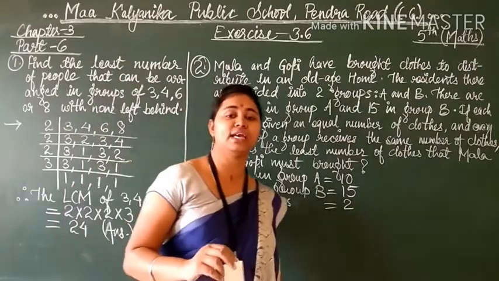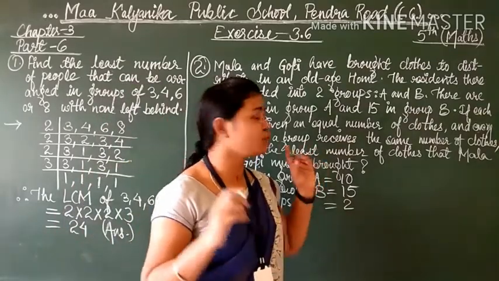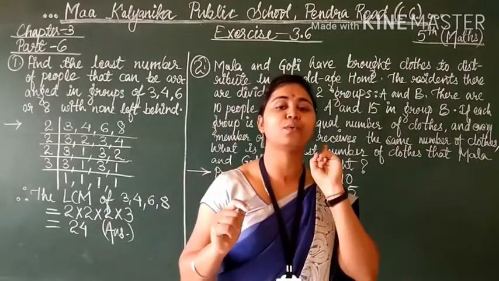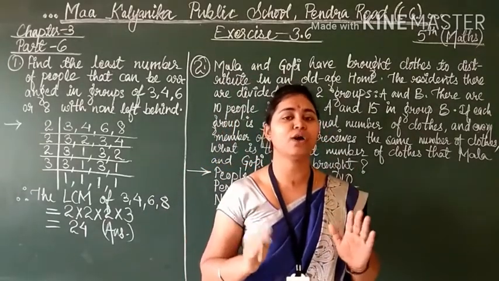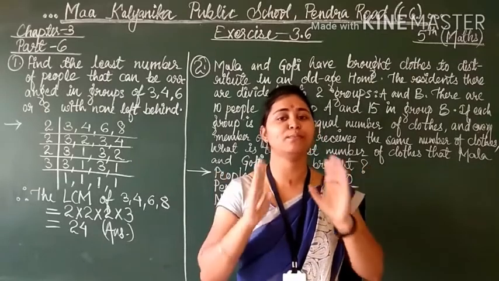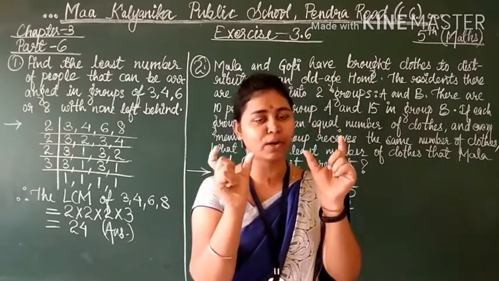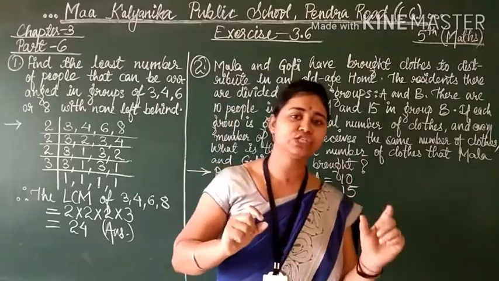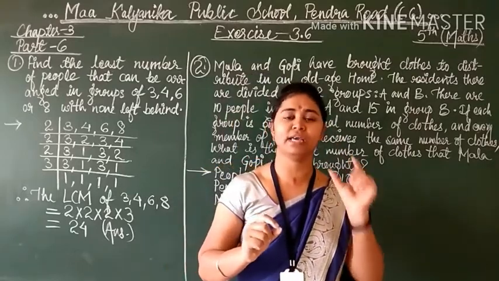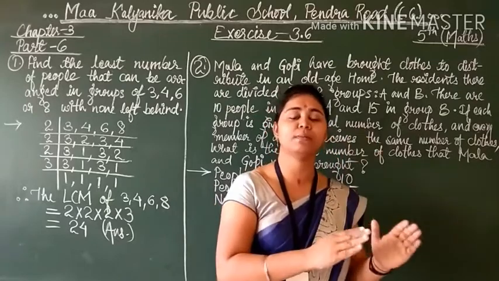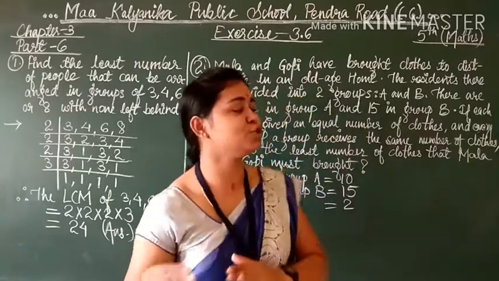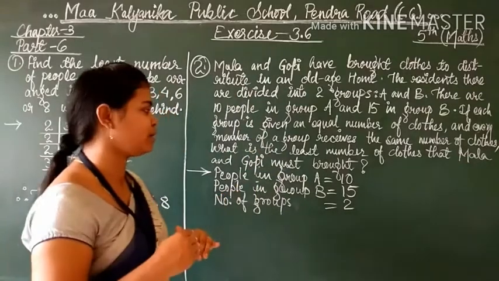So the question is, if two groups A and B are there, group A is having 10 members, group B is having 15 members. Now group A and group B both should receive an equal number of clothes, and each member from group A and each member from group B should receive an equal number of clothes.